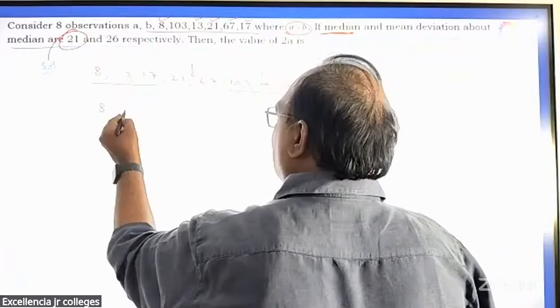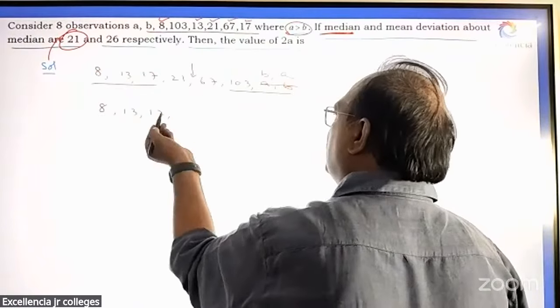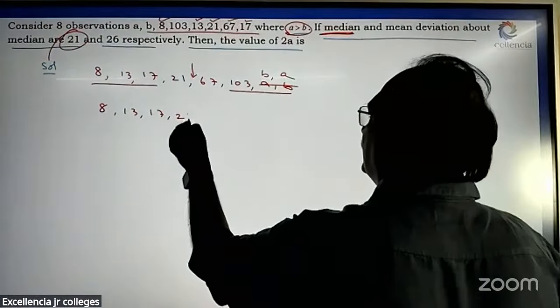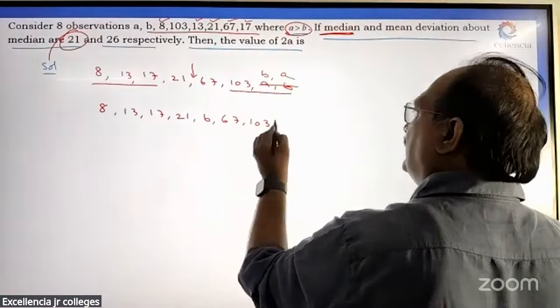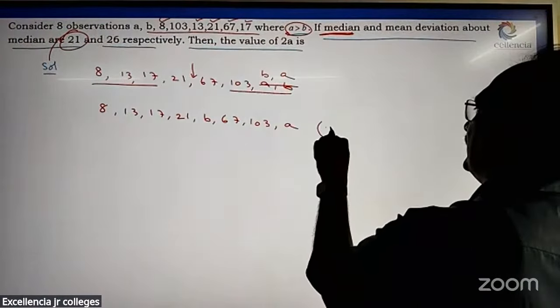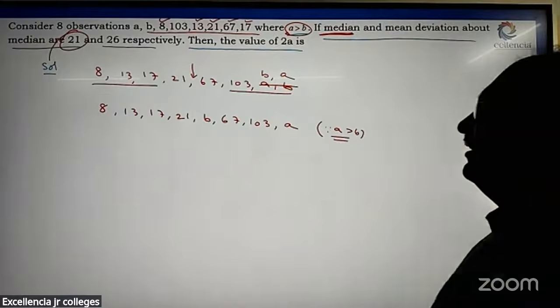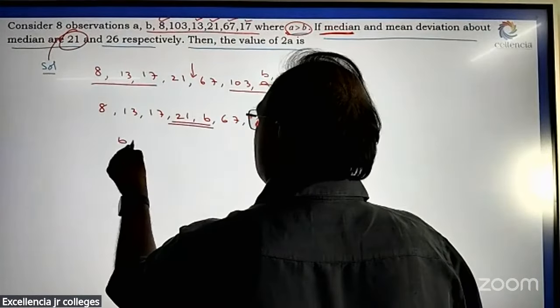One of a, b must be here because b is less than a, or a is greater than b. I can write 21, comma b. Next 67, 103. Next let me write a because a is greater than b. This is important. After writing this, median is given as 21. That's why here b is equal to 21.